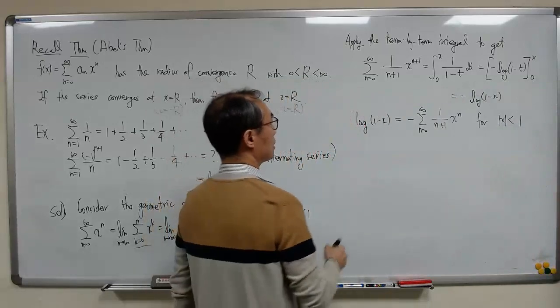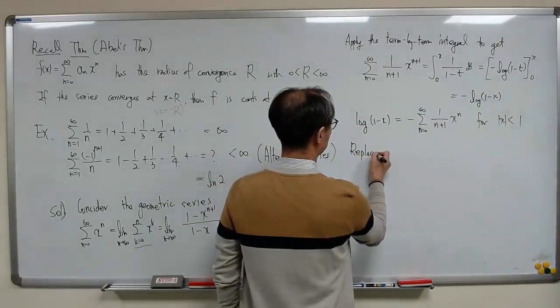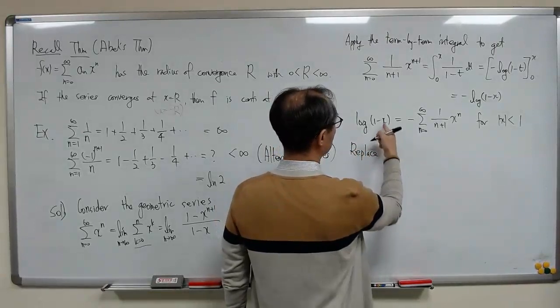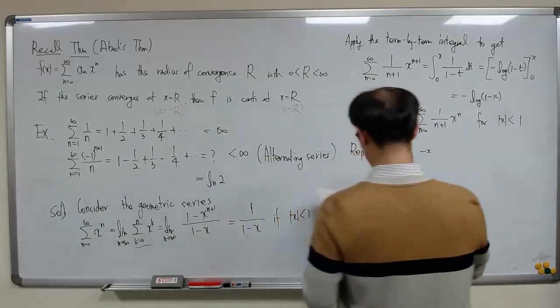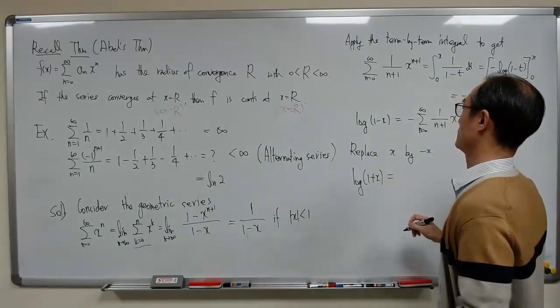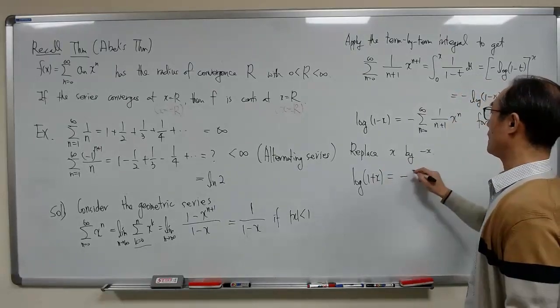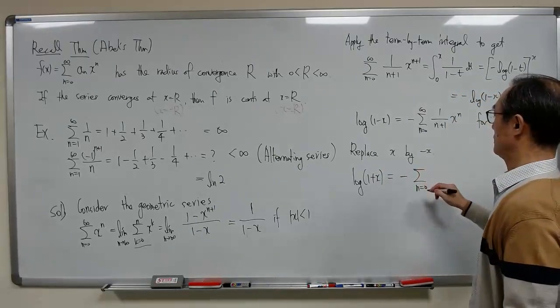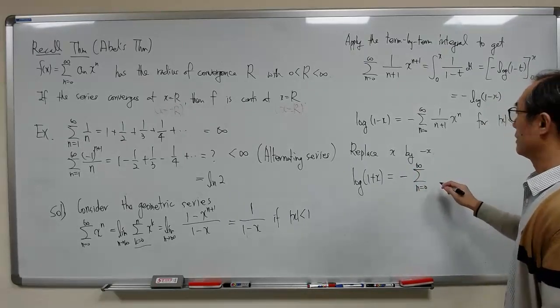Now, from this identity, what if we replace x by minus x? Then log of 1 plus x can be expressed as minus the summation as n goes from 0 to infinity.